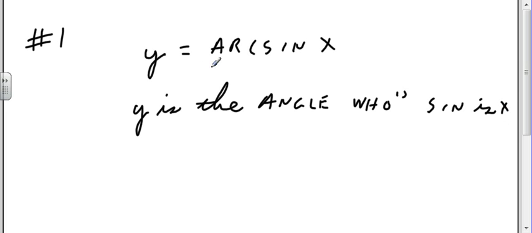So when I say y is equal to arcsine of x, what I'm saying is y is the angle whose sine is x. If I take the sine of y, I get x.